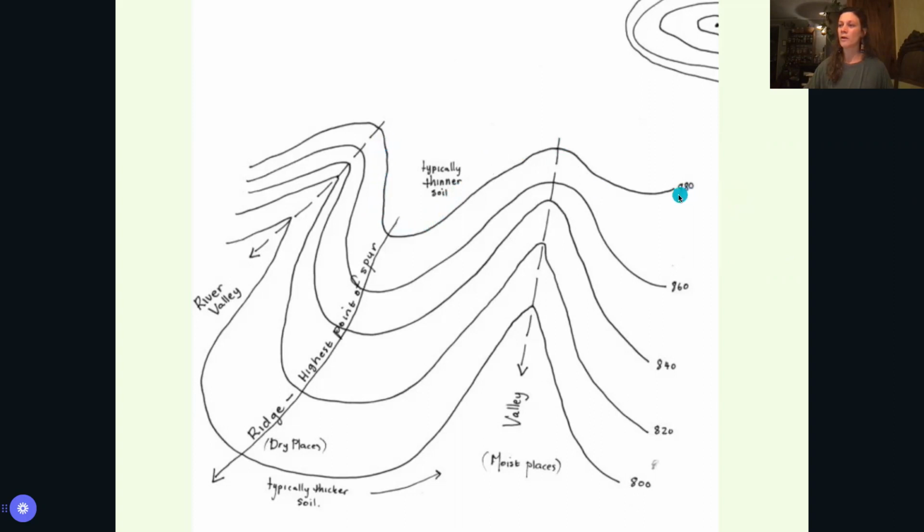As we're walking along the landscape, we'll continue to walk along the same height, but the ridge will go like this because we're actually walking up and over a ridge here. And then we'll be walking along the same height, up on top of a valley here.